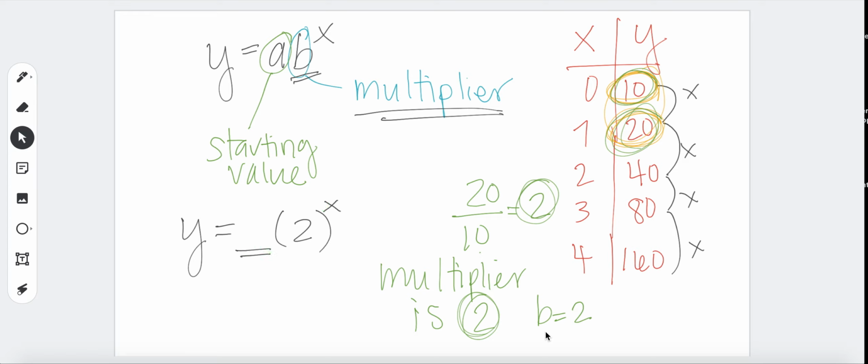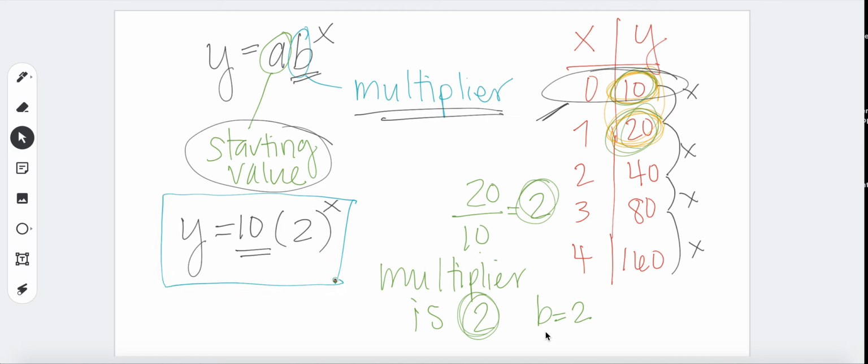Now I did say here that my starting value was my a. So if I look at my table, my x equals 0 value is 10. So then the value that I would write in the place of a would be 10. And therefore my exponential equation for this table would be y equals 10 times 2 to the power of x.